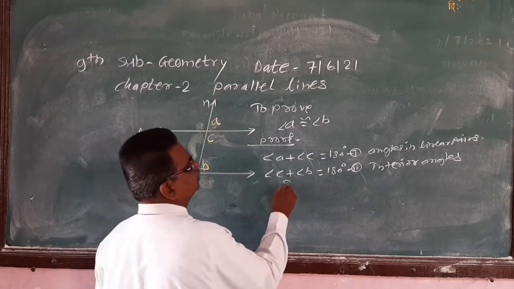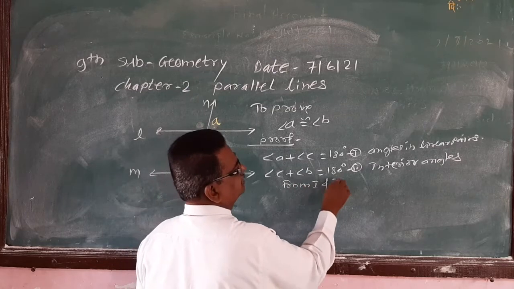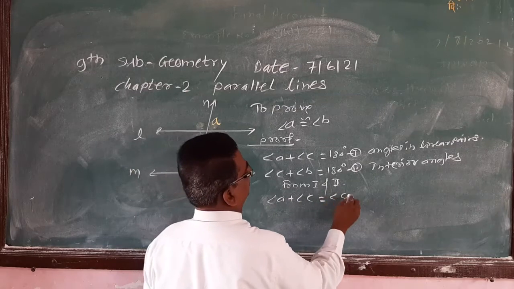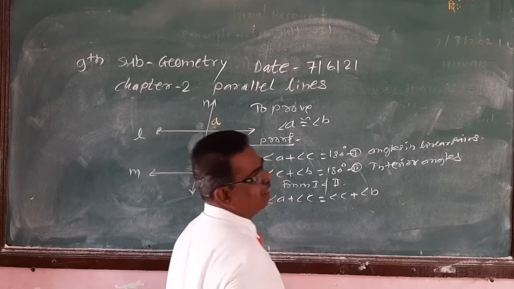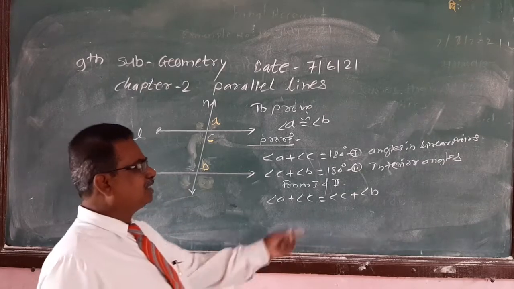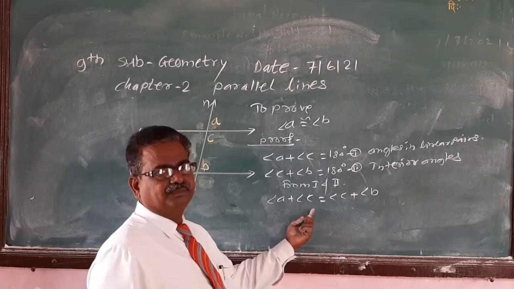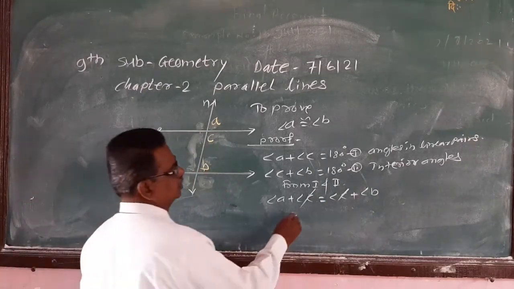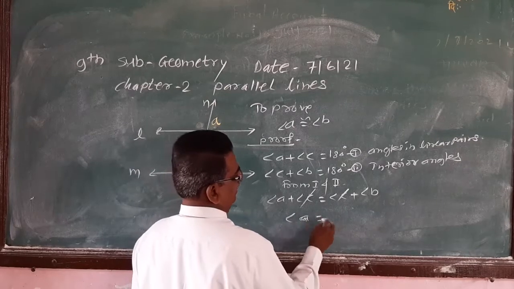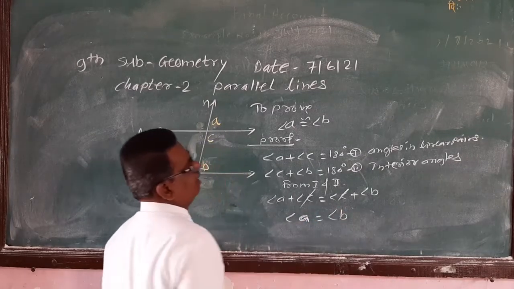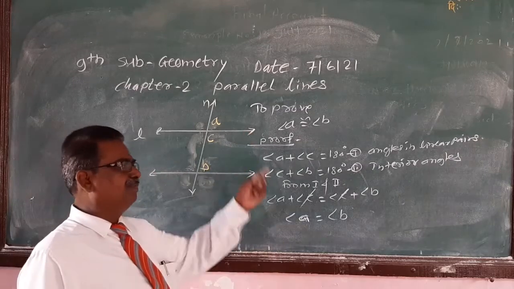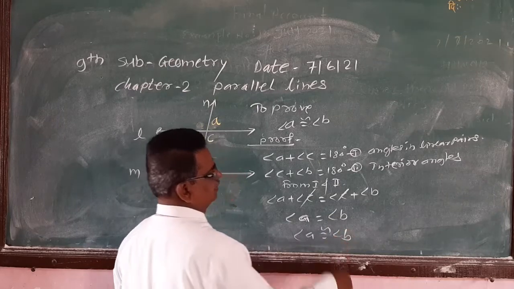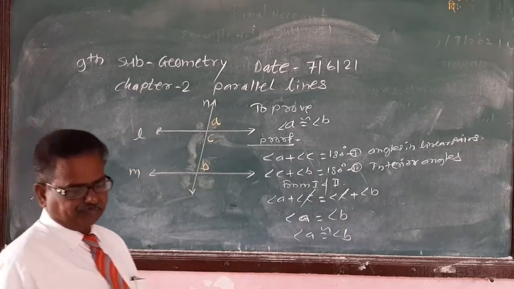So from 1 and 2, angle A plus angle C is equal to angle C plus angle B. Both sides of the equation have angle C, cancel angle C. So angle A is equal to angle B. In this way, we prove here angle A is congruent to angle B.